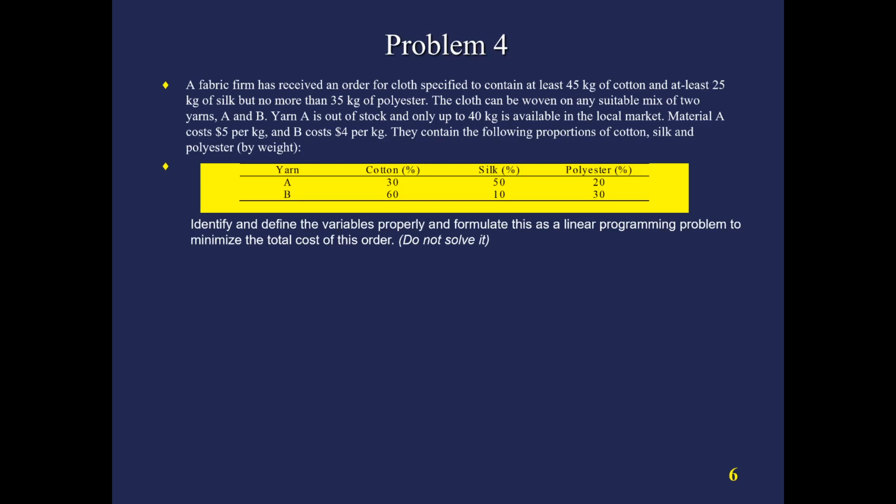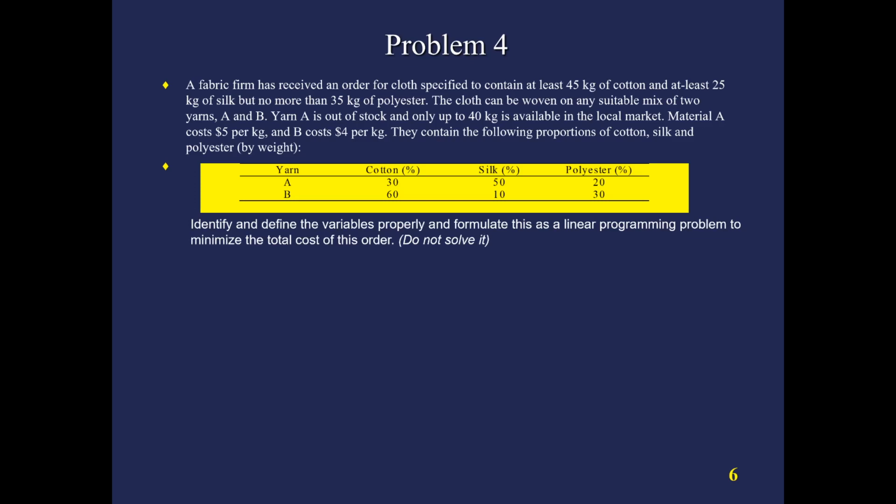The cloth can be woven on any suitable mix of two yarns, A and B. Yarn A is out of stock and only up to 40 kg is available in the local market. Material A costs $5 per kilogram and B costs $4 per kilogram. They contain the following proportions of cotton, silk and polyester. So this table tells us how much they give by weight: cotton, silk and polyester.